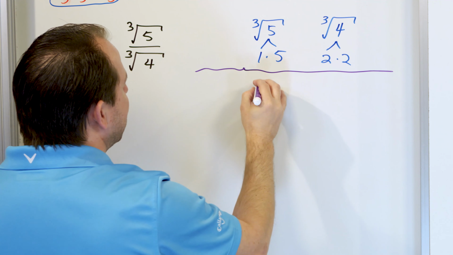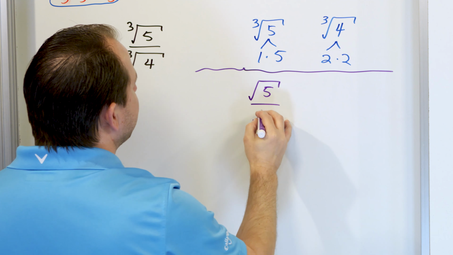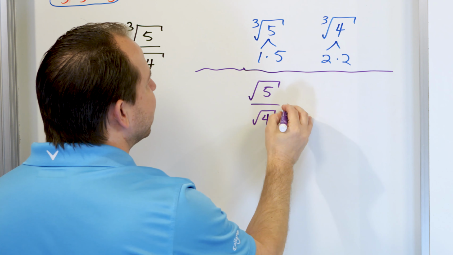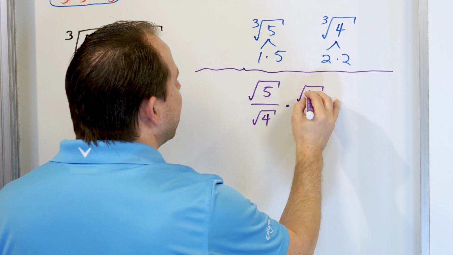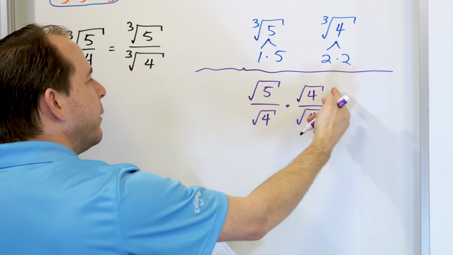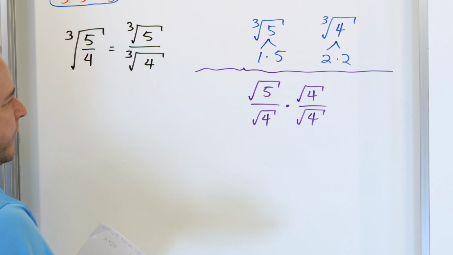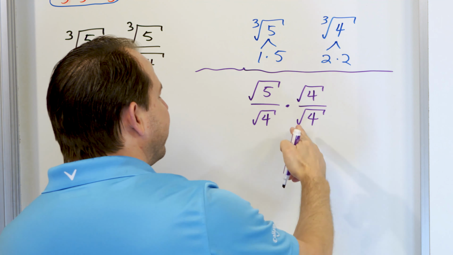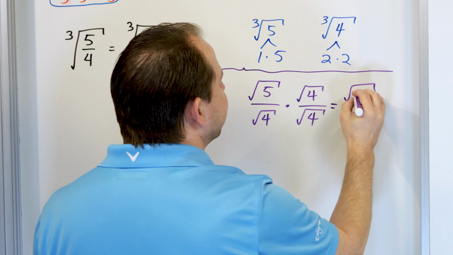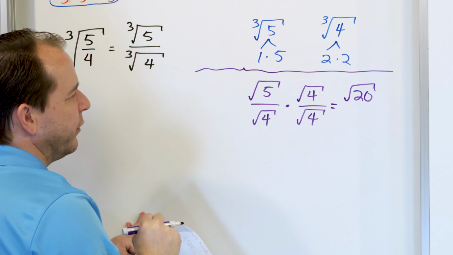Let's pretend that our problem was square root of 5 over square root of 4. A little bit different. How would we get rid of this? In the last lesson, we learned that we just multiply by whatever's on the bottom, square root of 4 divided by square root of 4, because what we're doing is multiplying by the number 1. But we're just writing the number 1 as root 4 over root 4. So what happens is, on the top, you're going to get the square root of 20, because 5 times 4 is 20.